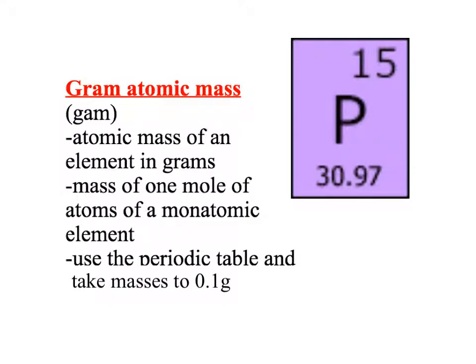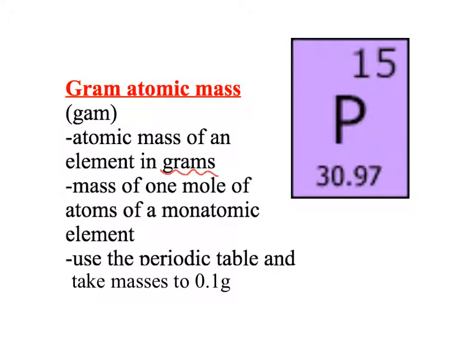The next important concept is called gram atomic mass. We might call it formula mass, we might call it molar mass, we might call it molecular weight. There's all kinds of things that we can call it. Here we're going to call it gram atomic mass. And what that is, it's the atomic mass of an element, but we put it into grams, something that we can recognize, rather than atomic mass units, which is a lot different.